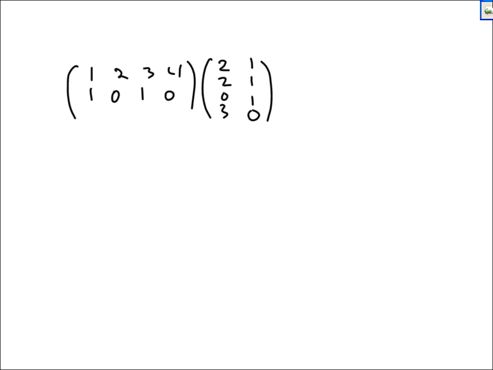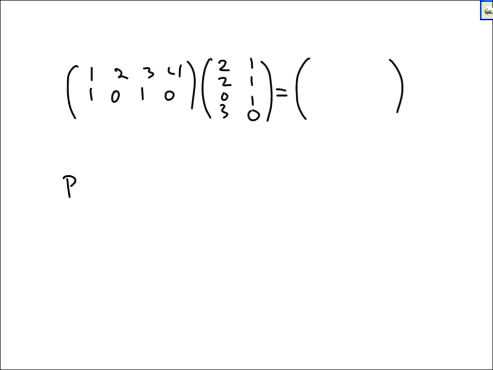Let's do another one. 1, 2, 3, 4, 1, 0, 1, 0. We'll multiply this by 2, 2, 0, 3, 1, 1, 1, 0. And when you multiply two matrices, you get a matrix.